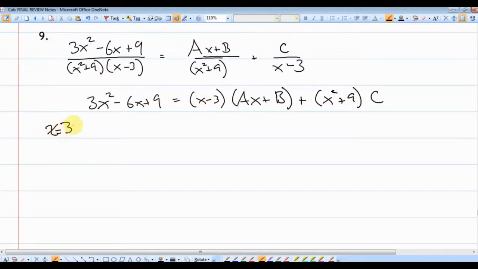So substituting 3: 3 times 3 is 9, times 3 is 27. 27 minus 18 plus 9 equals... 27 minus 18 is 9, 9 plus 9 is 18. 18 equals 18c, so c equals 1. So now solve for one of them. c equals 1.